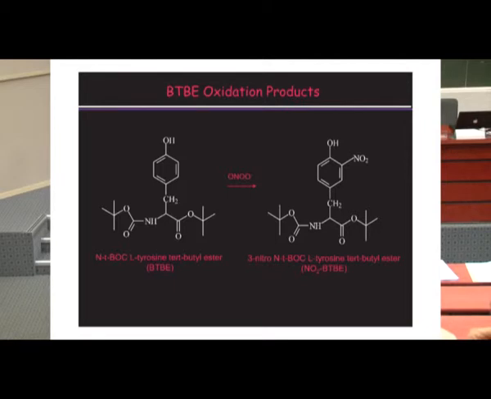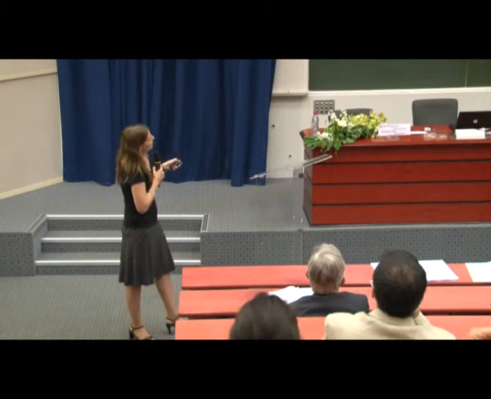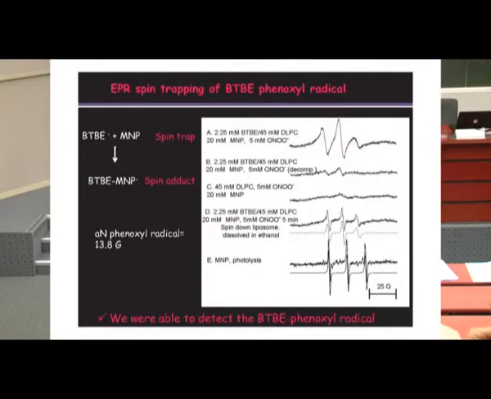And here we can see a typical chromatogram showing the elution of the nitrated product of BTBE, or the dimer. And also, we performed a similar experiment for the detection of the nitro derivative of the transmembrane peptides.